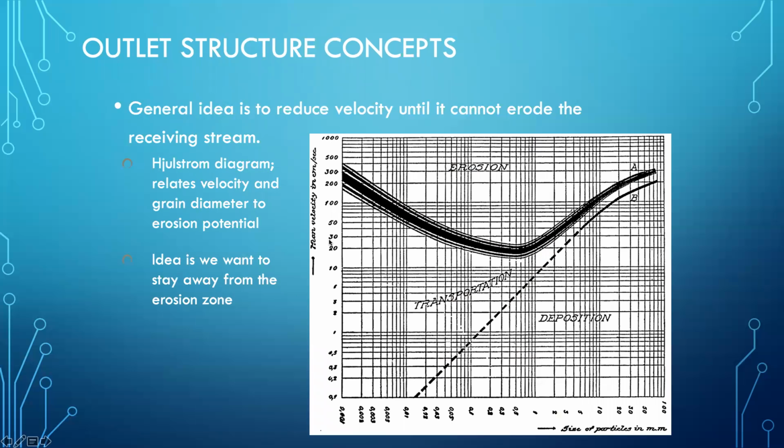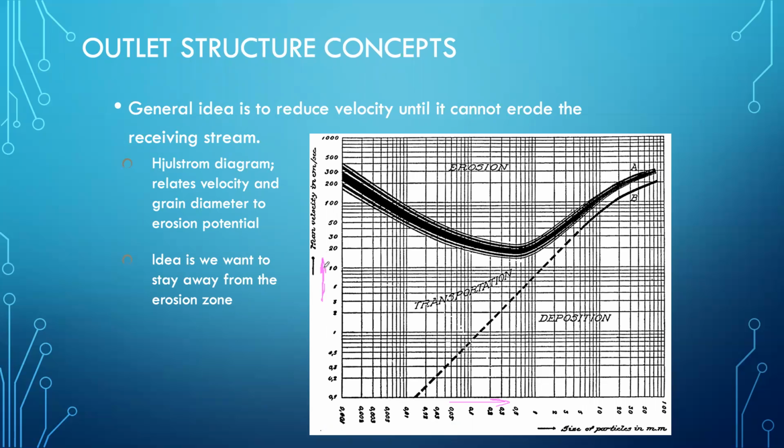So all these are based on velocity. The diagram here is called a Hjulström diagram. On the lower axis is particle size, and they're all assumed to be geologic particles, so their specific gravity is about 2.6.